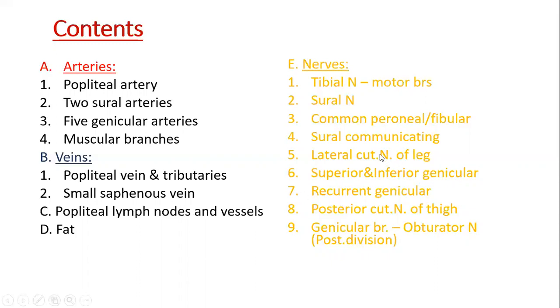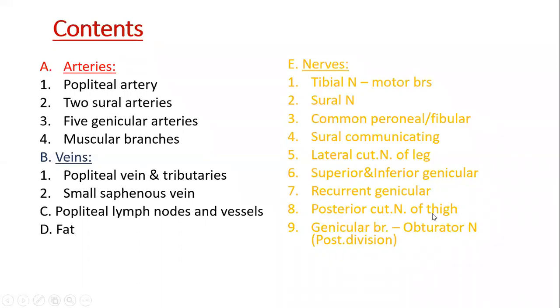And further, we have superior and inferior genicular nerves along with recurrent genicular nerves, all of these being branches arising from common peroneal or fibular nerve, which is itself a component of the sciatic nerve along with the tibial nerve.